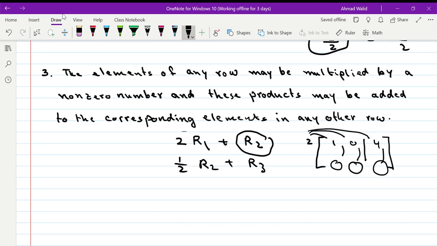Do not change row 1. If you just multiply a number to row 1, rule number 2, yes, row 1 is changing. But if you multiply a number to a row, then the product is added to the next row, do not change that row. Change the row that you are adding that product to, correct? I will do examples, but those were the 3 main rules of the matrices that I explained to you, correct?